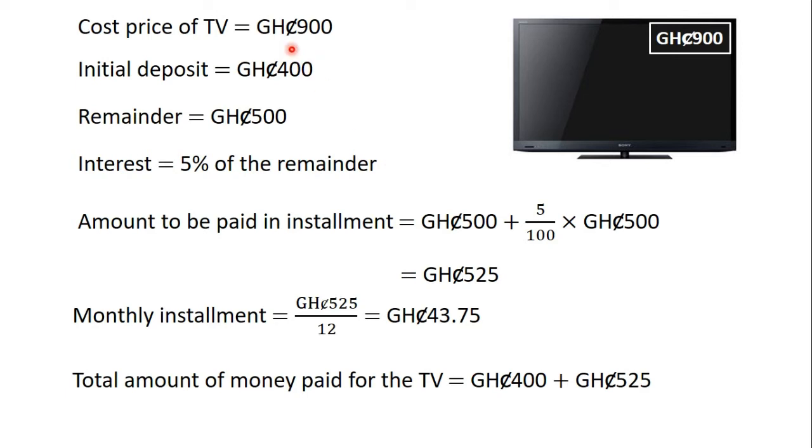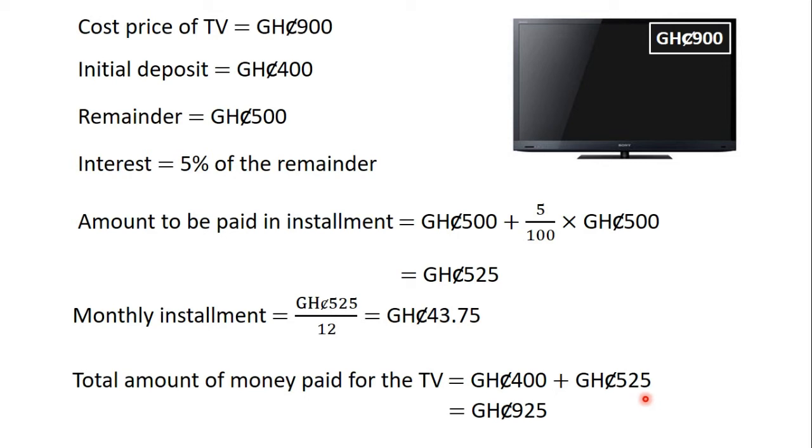If you add these two, you are going to have 925 Ghana cedis.